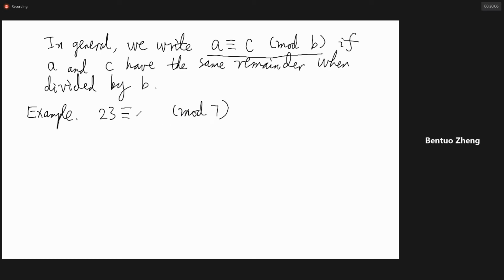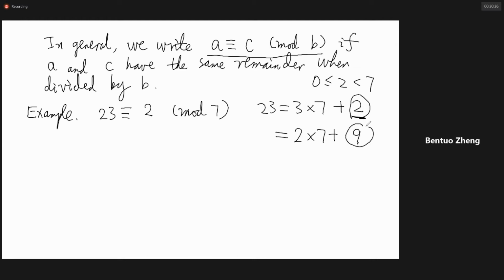So the quotient is 3 and the remainder is 2. This is because 23 is equal to 3 times 7 plus 2. Recall this 2 satisfies 2 is greater than or equal to 0, less than 7. This is important, because you can also write 23 is equal to 2 times 7 plus 9. But this 9 is not the remainder, because the remainder has to be strictly less than 7 and greater than or equal to 0.